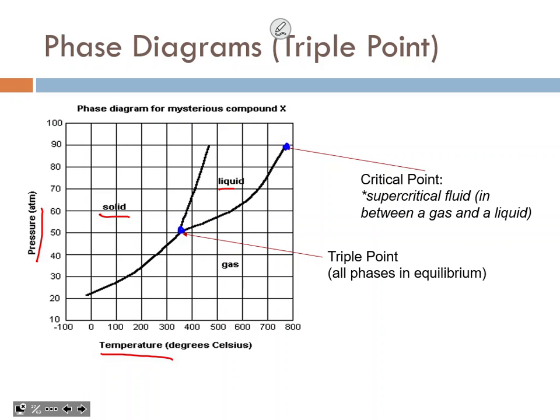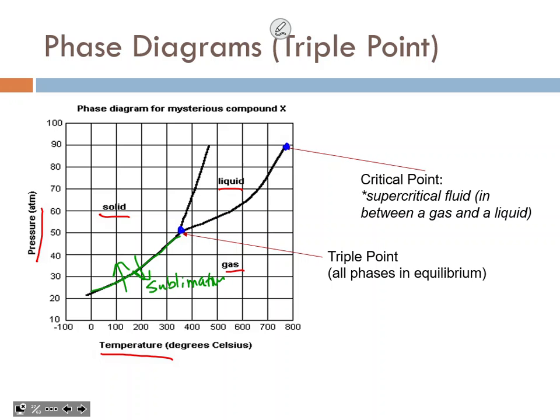Usually they don't label the solid, the liquid, and the gas for you, but that's where they are located in this Y-shaped curve. Solid is on the left, the liquid's in the middle of the Y, and then over to the right is the gas. So that tells us that this line right here is going to be which phase changes? We have sublimation, yes.